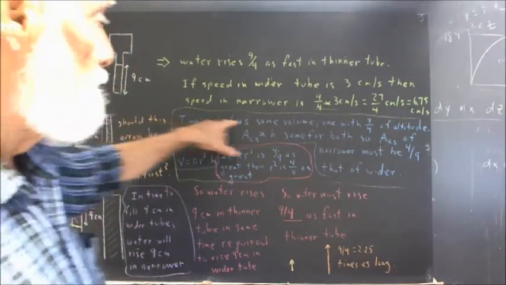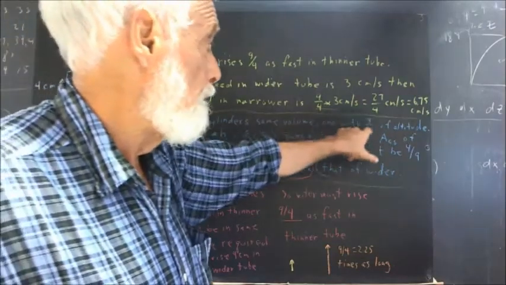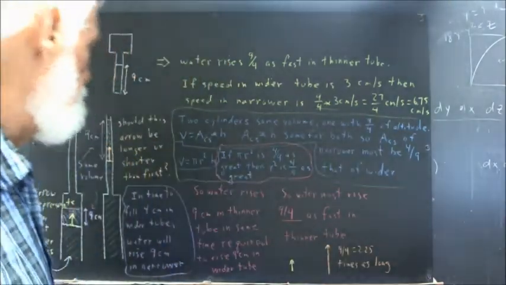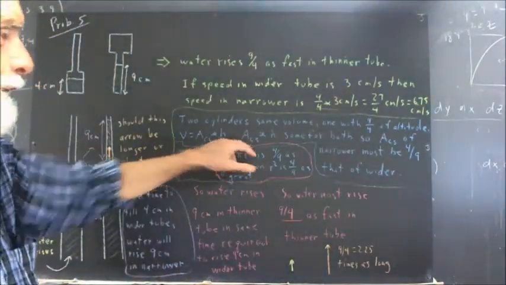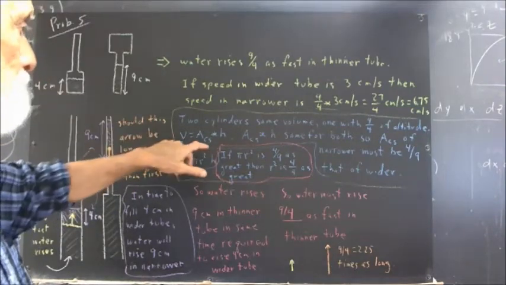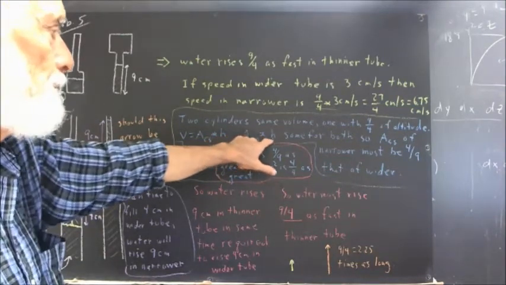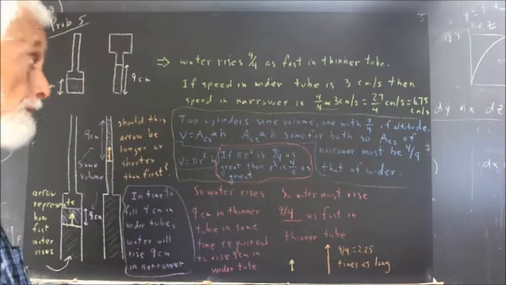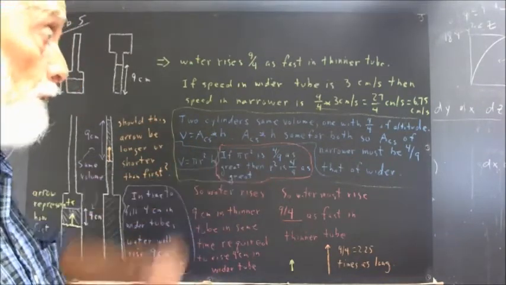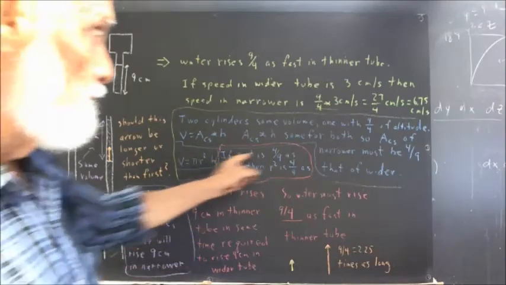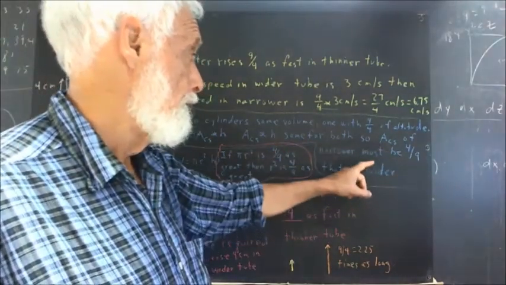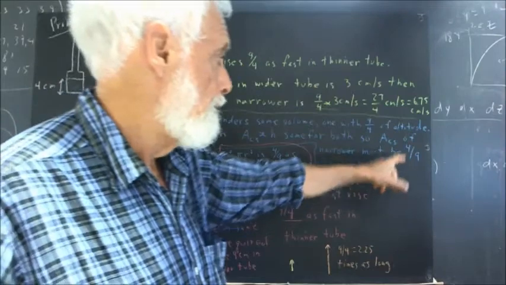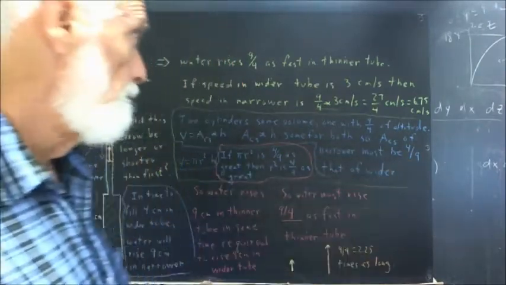So, if they have the same volume, but one has 9/4 of the altitude, then how do their cross-sectional areas compare? Well, A_cs times h, cross-sectional area times height, which is equal to the volume, basic principle, when you have a uniform cross-sectional area. So the cross-sectional area of the narrower tube has to be 4/9 that of the wider tube.